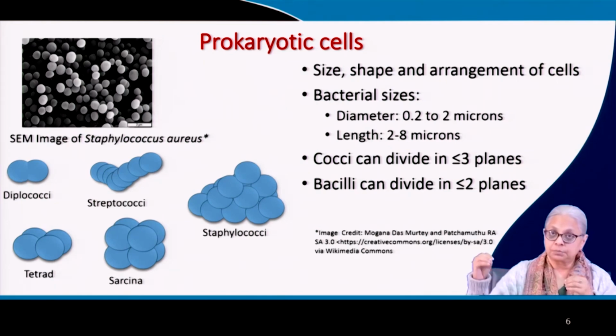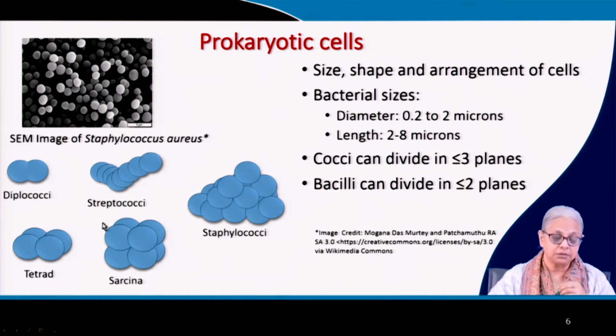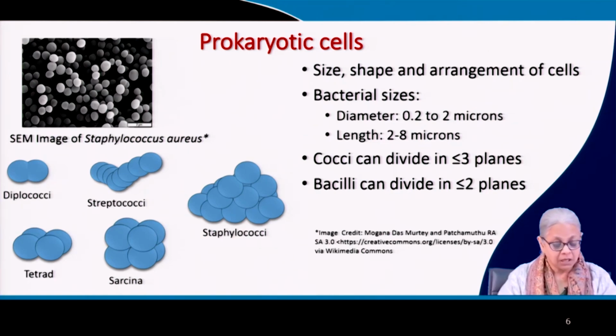If it continues to split and forms a chain, then it's called streptococci. So streptococci is a long chain of coccoid cells. They are all independent. If you split one of the cells away from the chain, it will live independently. It will continue to reproduce and go through the same phenomenon all over again.